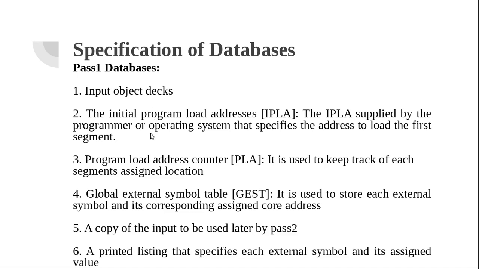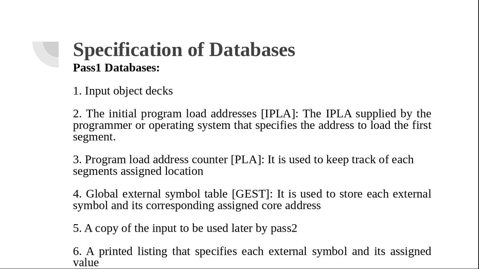Then we know that whenever we are storing programs into main memory, we wish to minimize the amount of core storage, the amount of memory we use for our program, right? Always we wish to use less memory for our program.